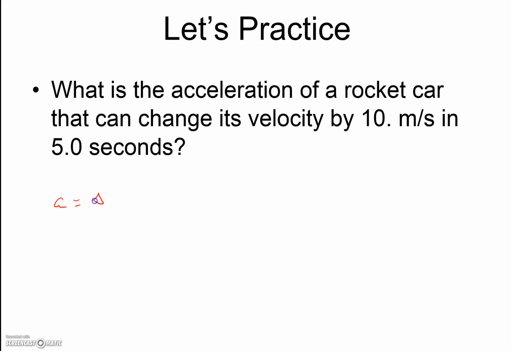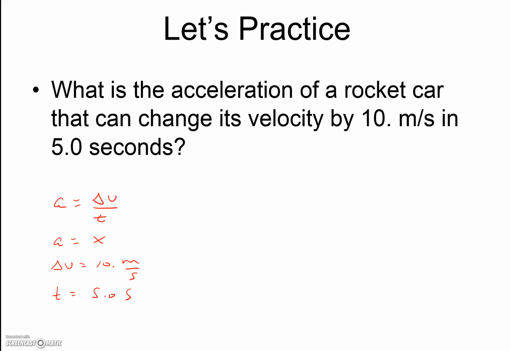Acceleration equals our change in velocity divided by time. We write down our variables. Our acceleration is what we're trying to find. Our delta V is 10 meters per second. Our T is 5.0 seconds.